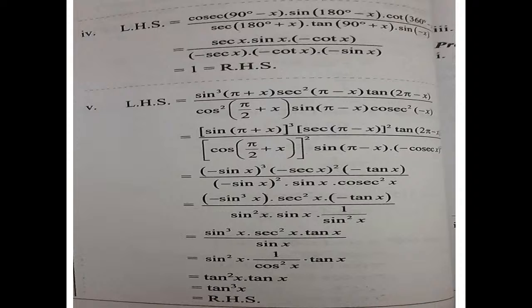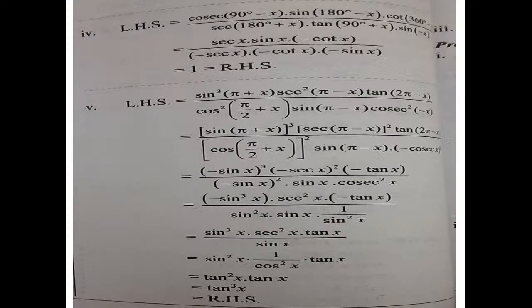Okay, so consider the example cosec(90 - x). We know that 90 - x is an odd multiple of pi by 2, so cosec will be converted into sec, and 90 - x lies in the first quadrant, therefore it is positive: sec x.